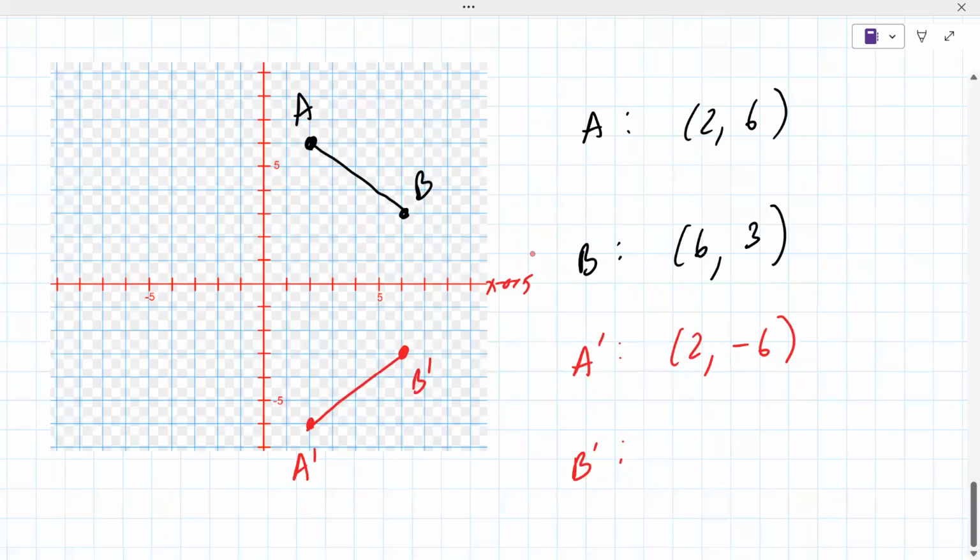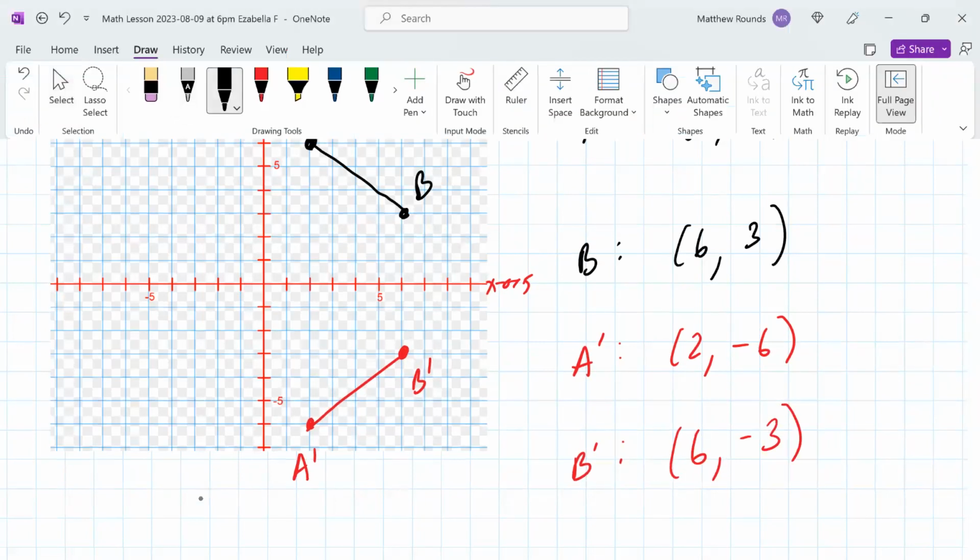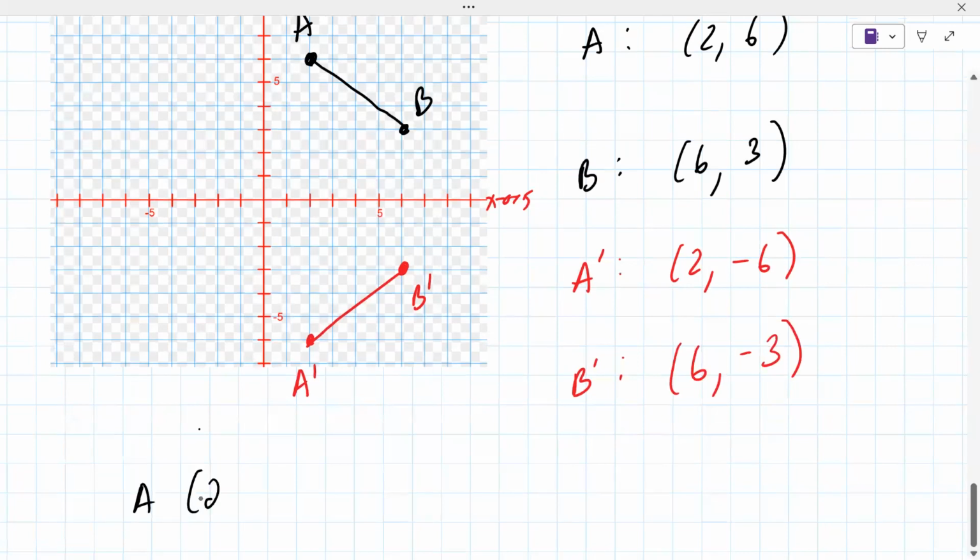And then B would be +6, -3. Good. So now let's graph the points and see if we can come up with the rule. A is 2, 6. A prime is 2, -6.